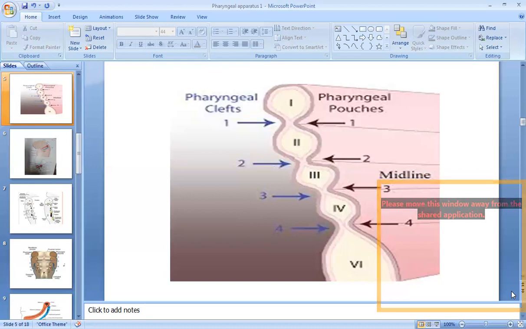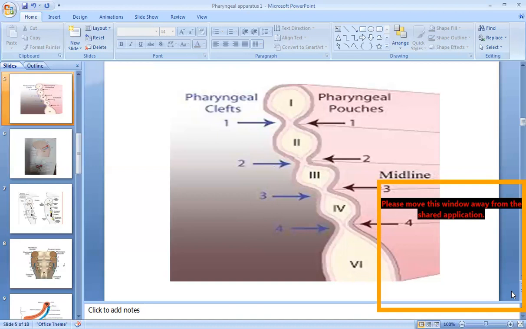And from the inner side, the mouth cavity side, it is lined by the endodermal layer, which goes toward the cleft. These furrows or depressions are called the pharyngeal pouches. So the combination of pharyngeal arches along with the pharyngeal clefts and pharyngeal pouches contributes to the pharyngeal apparatus.